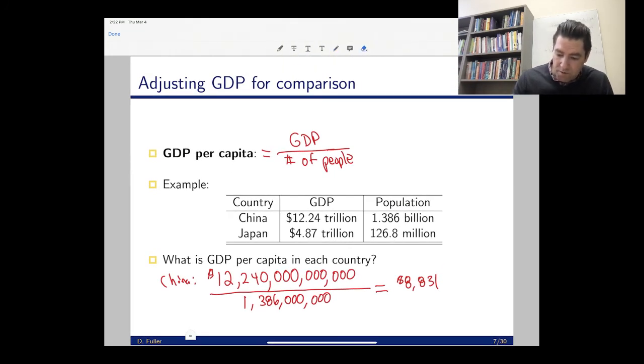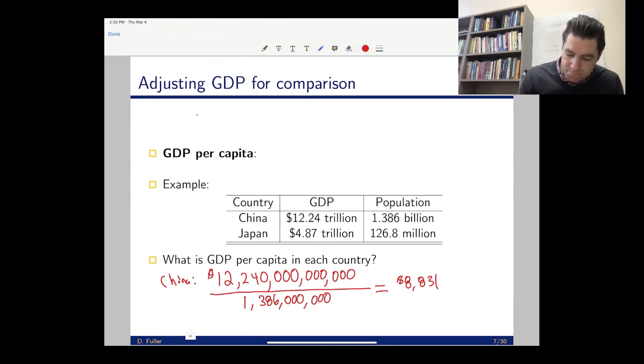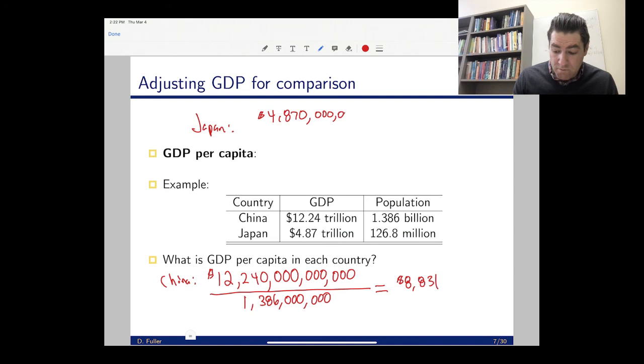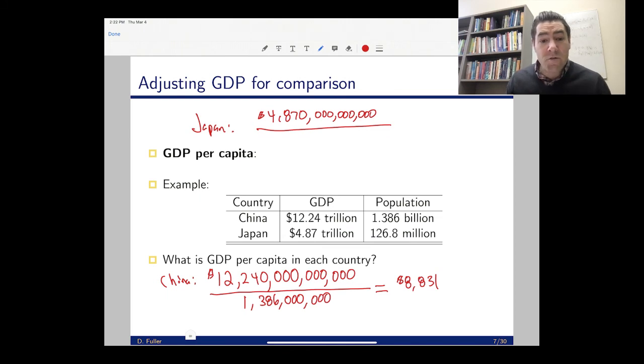So if I come up here and I look at Japan, their GDP is 4.87 trillion. So that's 487. 3 is million, 3 more zeros is billion, 3 more is trillion. Their population size is only 126.8 million.